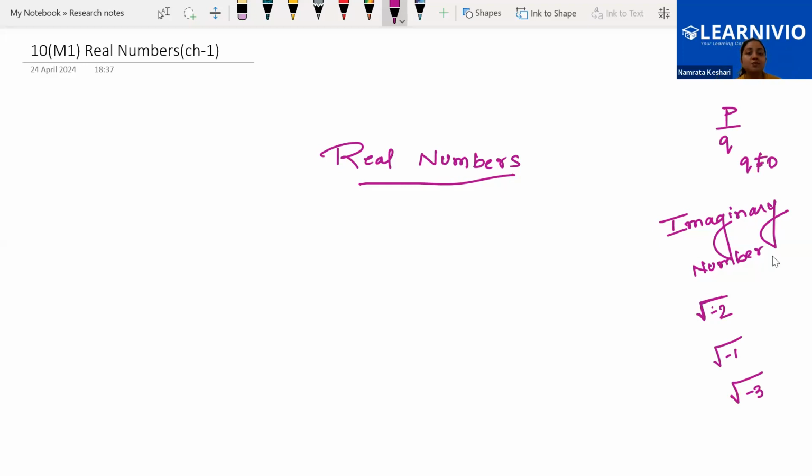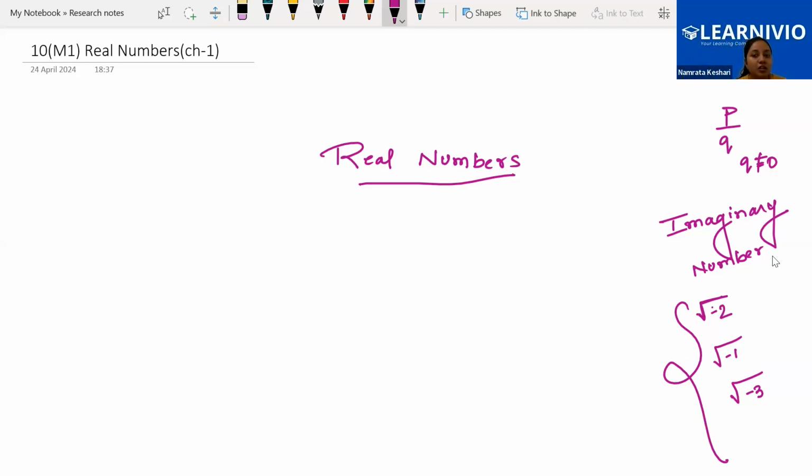Not only for rational numbers, the denominator should never be 0 in mathematics. If the denominator is 0, it's not defined. So two things we always try to avoid: the denominator should not be 0, and inside the square root there must not be a negative number, because then it shifts from the real world to the imaginary world.